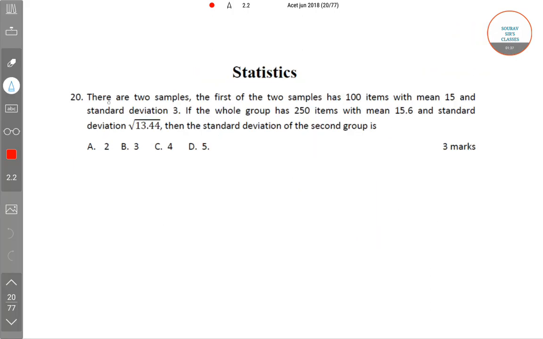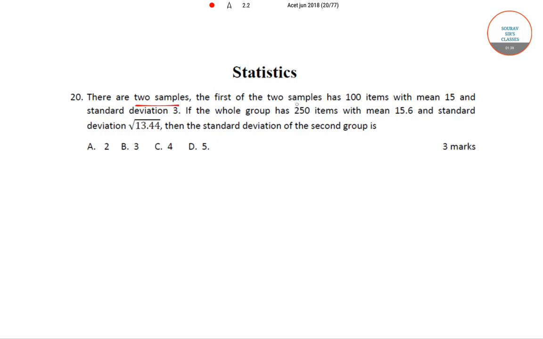The next question is, there are two samples. The first of the two samples has 100 items with mean 15 and standard deviation 3. So n1 = 100, mu1 = 15 and sigma1 = 3.